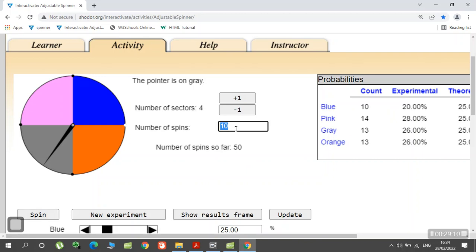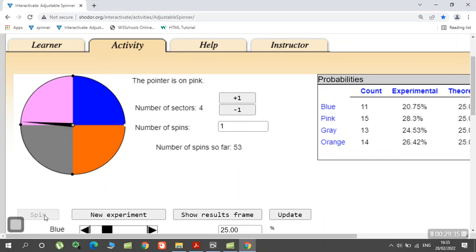Let's do one more spin. Let's see. It stopped on blue. You see the probability of blue changes, and all of them change because the total is changing. Let's spin it one more time. Now orange increases, others decrease. One more time. Pink. Now pink increases, others decrease because the total has changed.